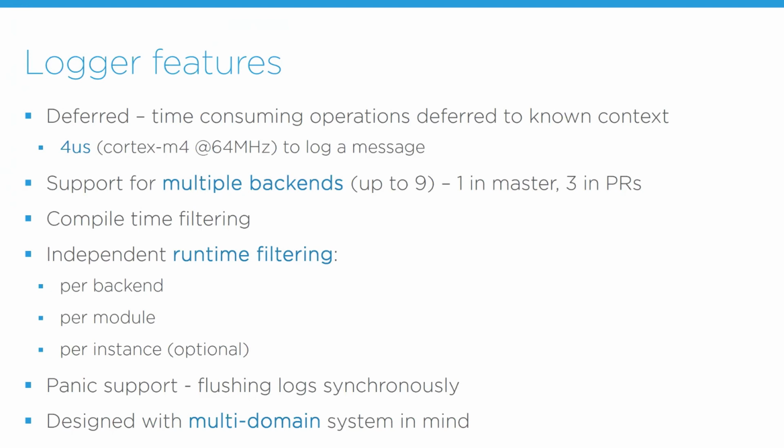The backends which support panic should reconfigure to blocking mode to not use interrupts anymore, and those backends which cannot handle that should shut down. Like if we had logging over Bluetooth and over UART, then on UART you can send synchronous data, but on Bluetooth probably you need interrupts, so the Bluetooth backend would stop working in panic, but you can still flush logs to UART or to flash, for example.